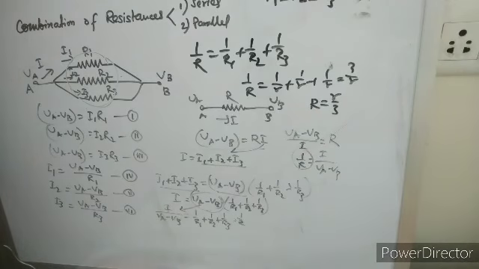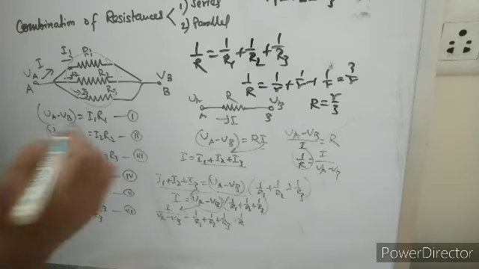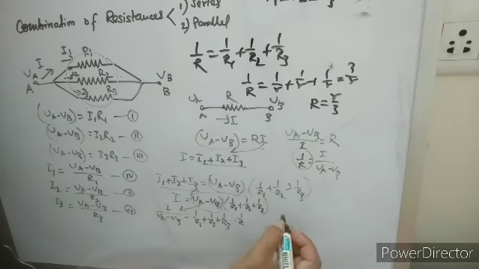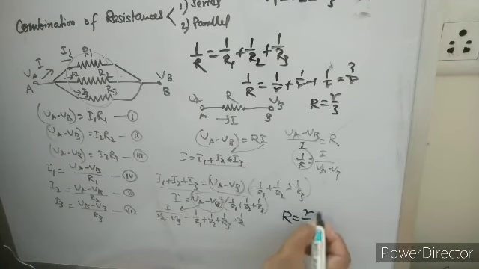So if we take three resistances of equal value and connect them in parallel, their equivalent resistance will be one third of r. In the same way, if we connect n equal resistances in parallel combination, then the equivalent resistance will be R equals r by n.